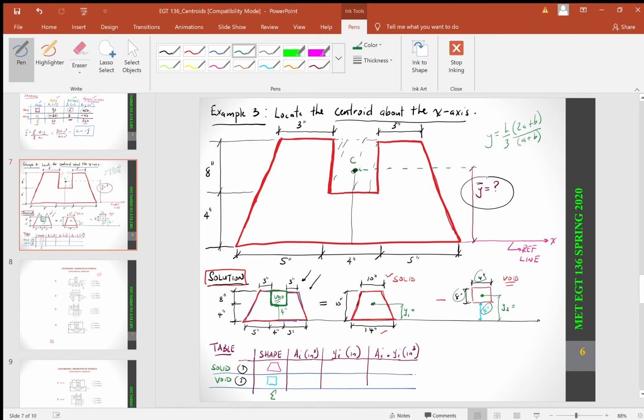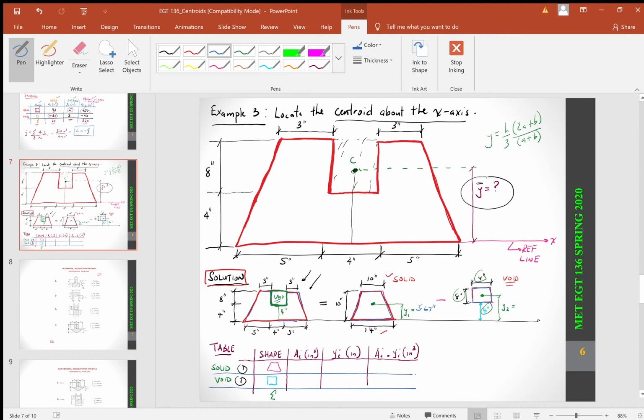When you do that for your trapezoid right here, you're going to get 5.67 inches.